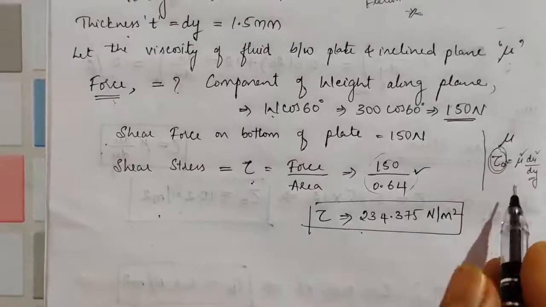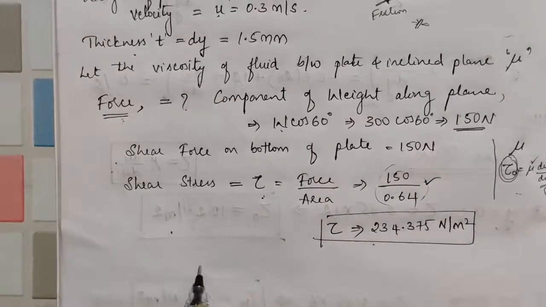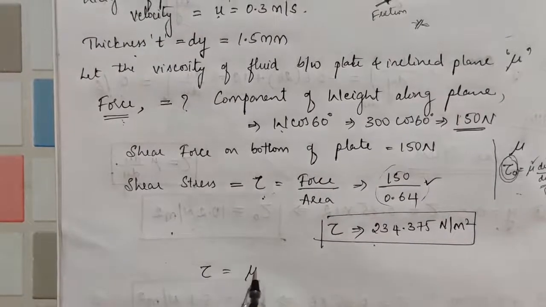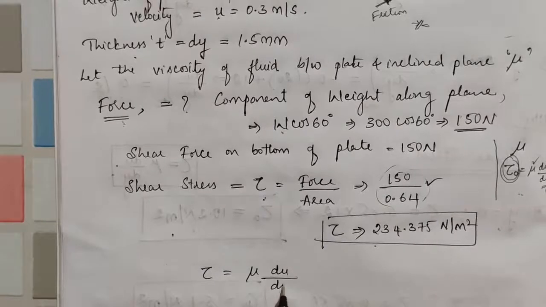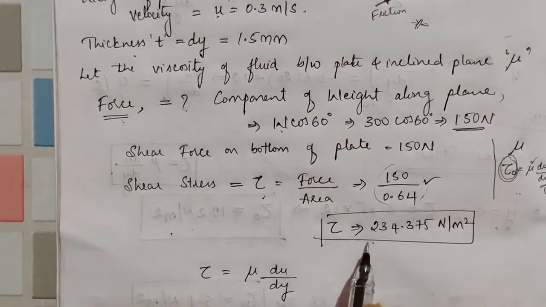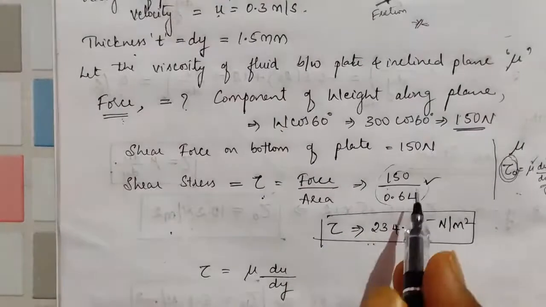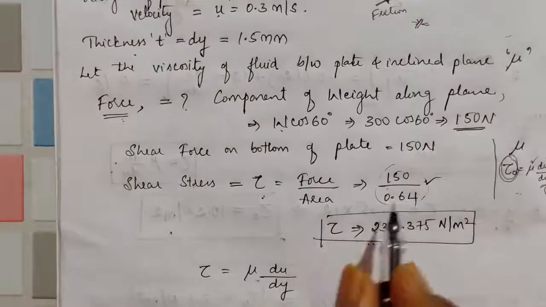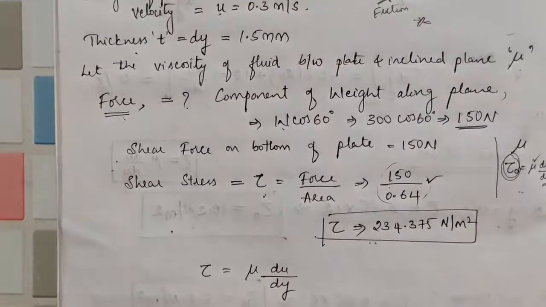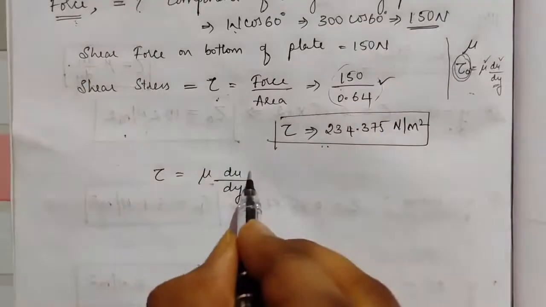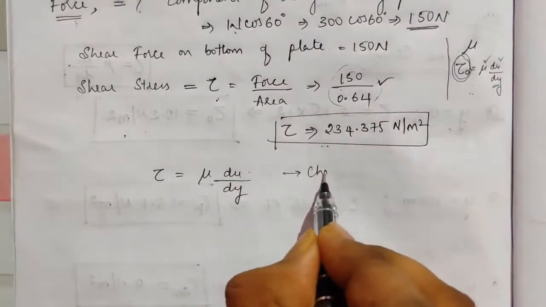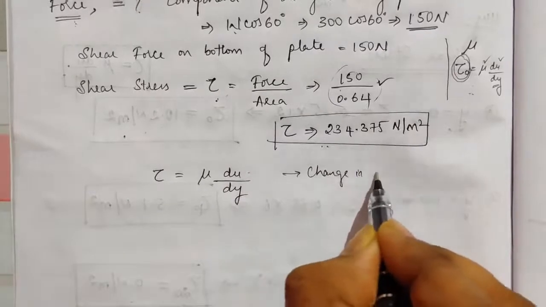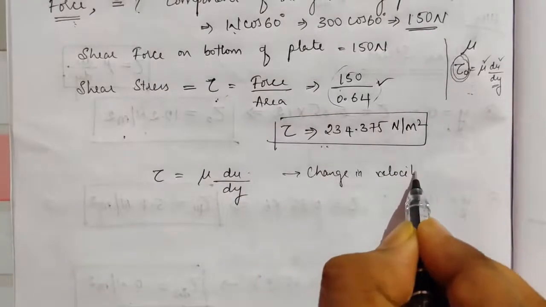Now, what formula do I have? I have this formula. So I'll directly write that tau is equal to mu into du by dy. So I know this. So tau is, I'll take this fraction unit without simplifying. Okay. So what is du? du is the change in velocity.